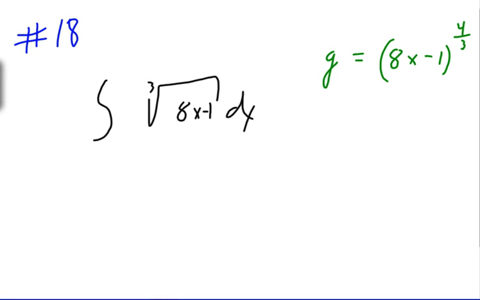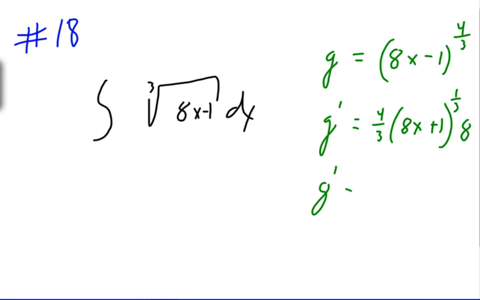Because 1/3 plus 1 is 4/3. y prime is 4/3 (8x minus 1) to the 1/3 times 8, which is 32/3 cube root of 8x minus 1. Even though it's not a minus there, it's obviously supposed to be a minus, so we'll put it back.